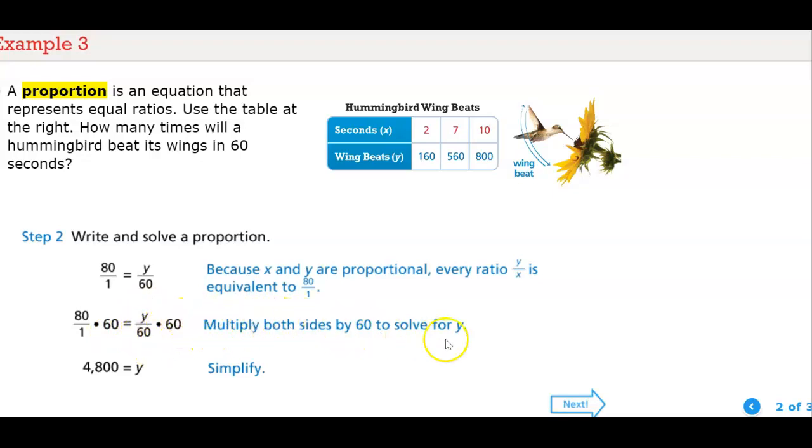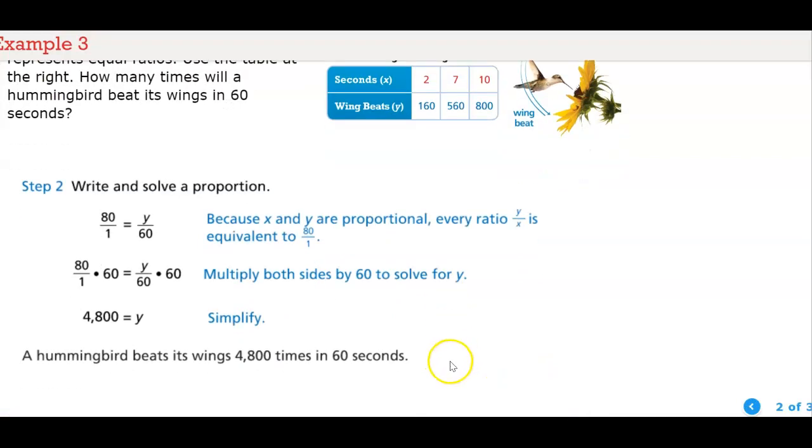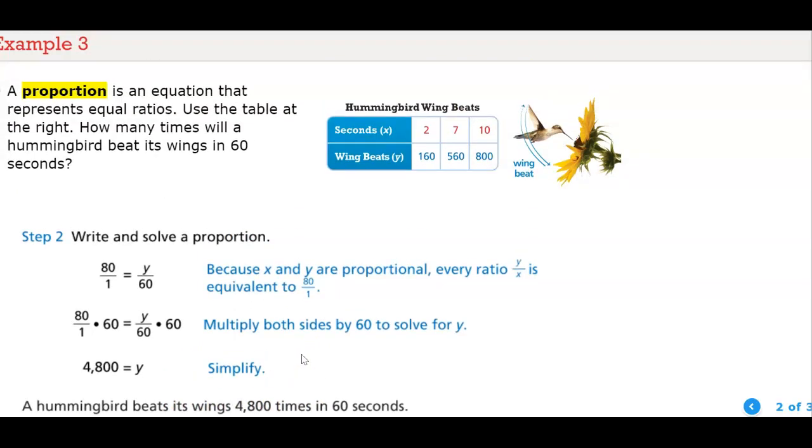So we're multiplying both sides by 60 so we can get our y. So 4,800 is equal to y once we simplify. And a hummingbird beats its wings 4,800 times in 60 seconds.